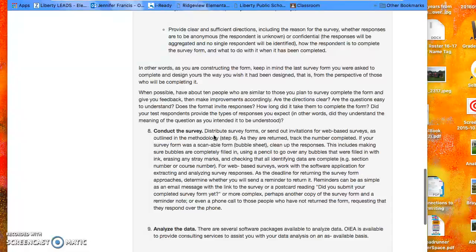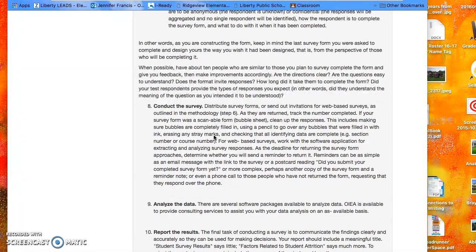One of the last steps is that you are going to actually conduct the survey. Your teachers will help you get those surveys out to people that we feel best fit the population you are seeking.